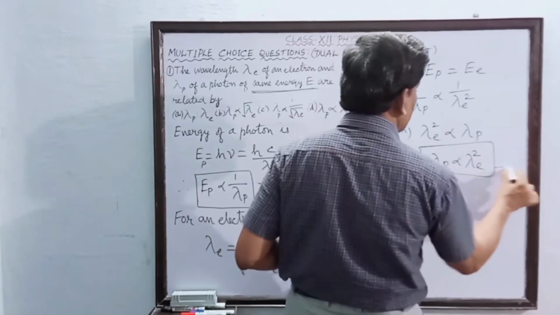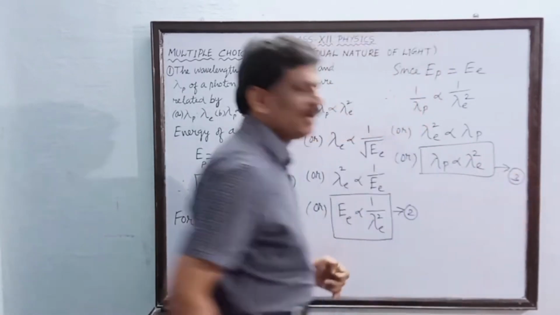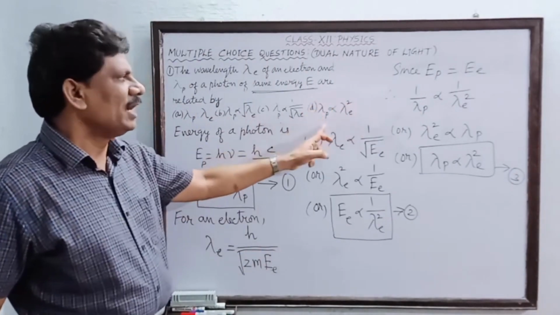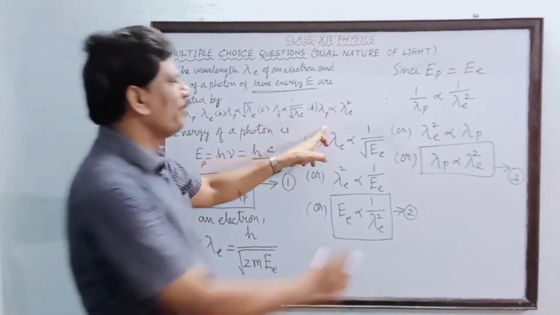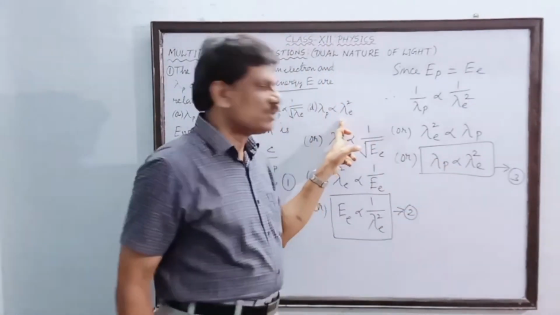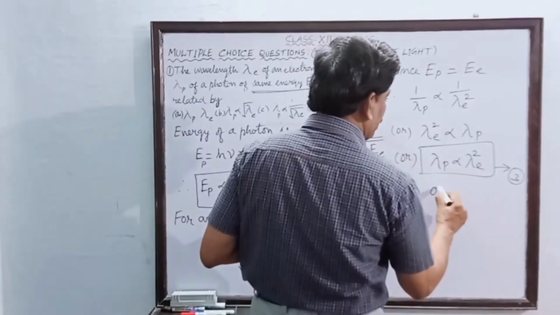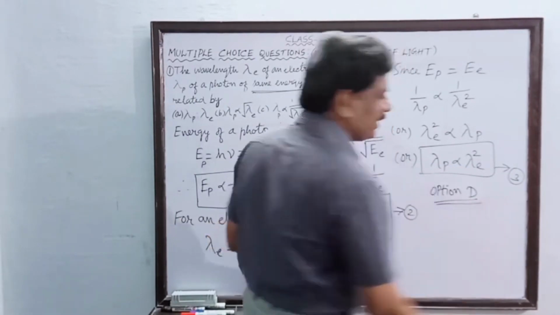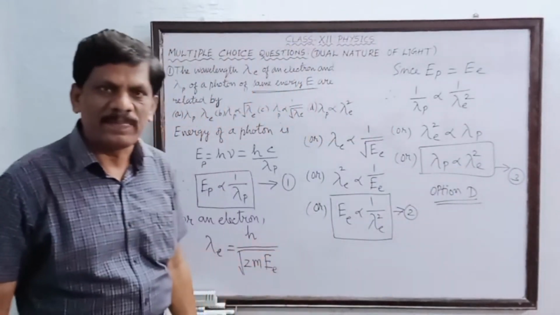So this is step number 3. Are we getting one of the options you see here? Which option is correct? Option D is given: lambda p is proportional to lambda e square. So option D is the correct answer. Have you understood? Okay, fine.